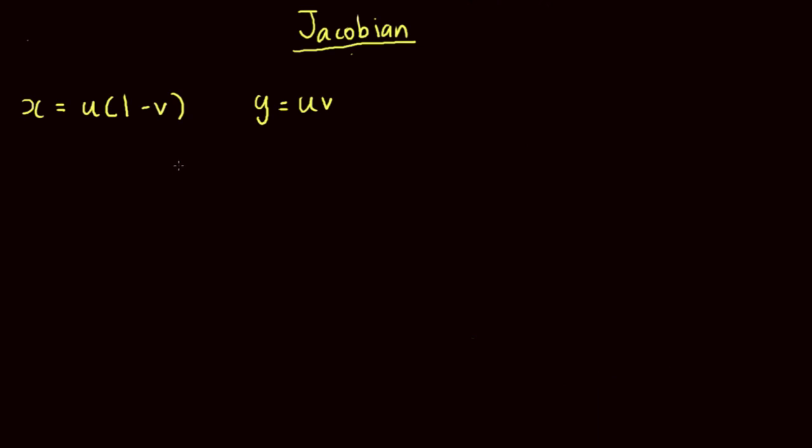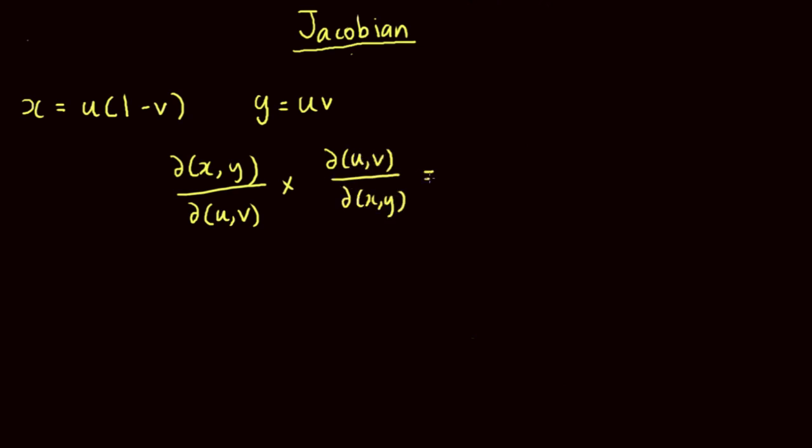They want us to verify that del xy over del uv multiplied with del uv over del xy is equal to 1.